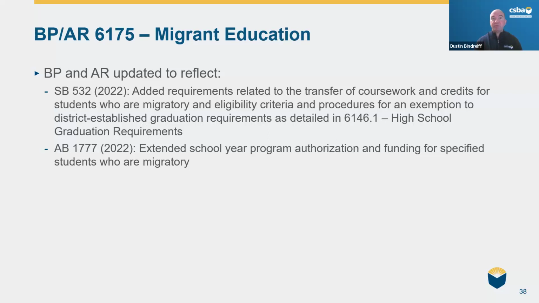This language is also detailed in 6146.1 high school graduation requirements. Next, Assembly Bill 1777 addresses the extended school year program authorization and funding for specified students who are migratory.